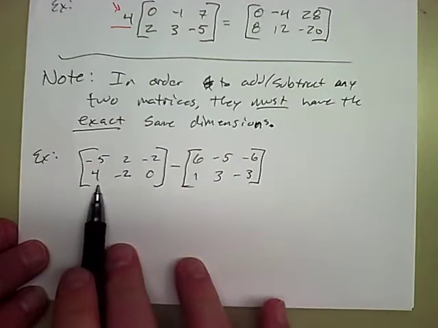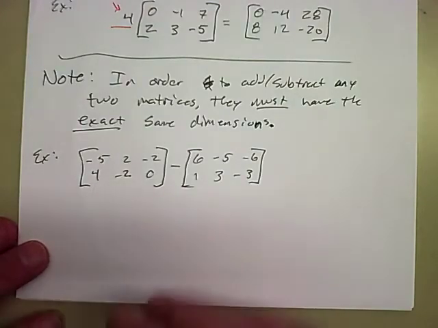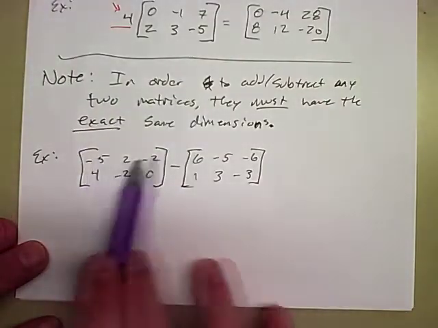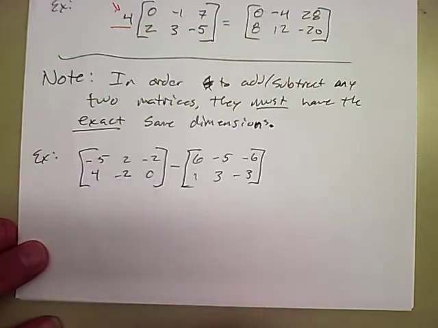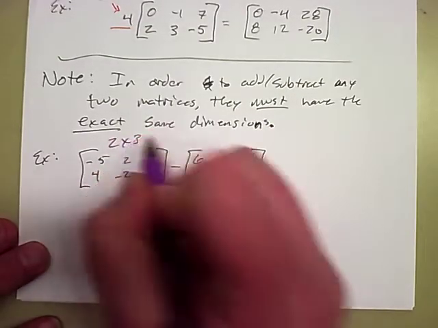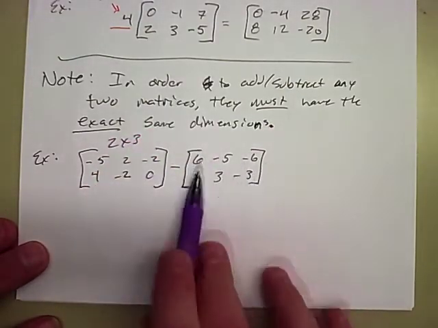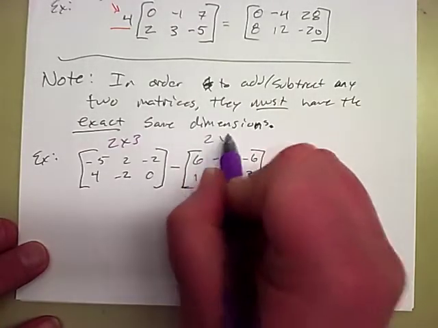Let's take a look. The size of the first matrix is 2 rows, 3 columns, so this is a 2 by 3. Here I have 2 rows, 3 columns, and that's a 2 by 3.